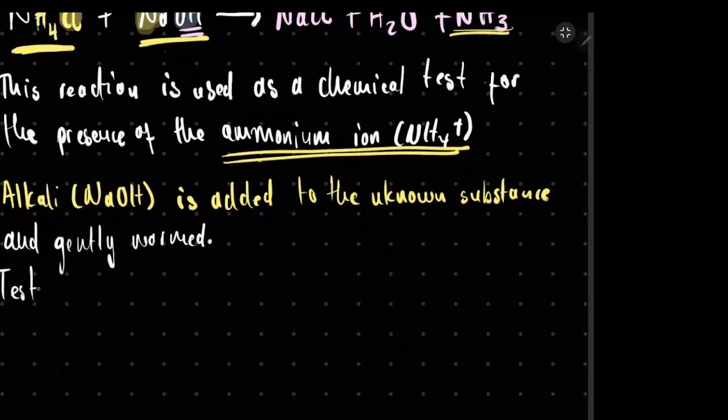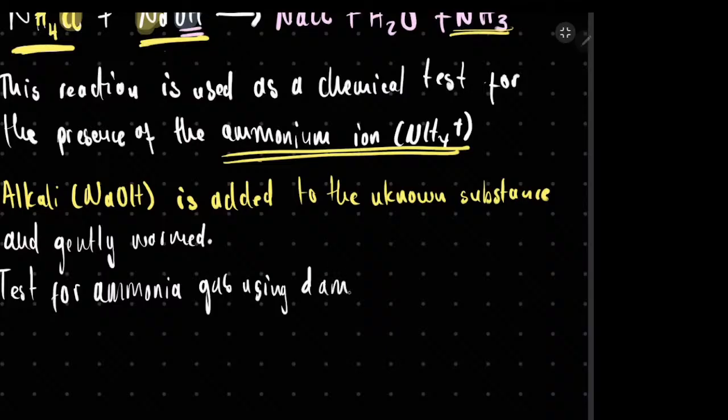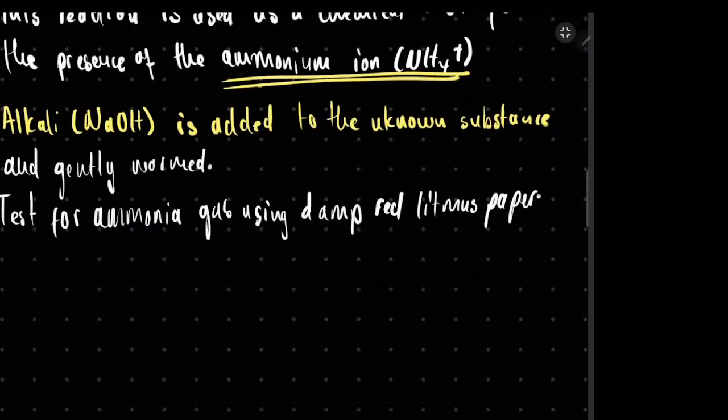Test for ammonia gas, not the solution, you're no longer dipping. Test for ammonia gas using damp red litmus paper. I'll give you the gas tests. So you just mix these two and test for ammonia gas. Don't complicate it. Are we together?